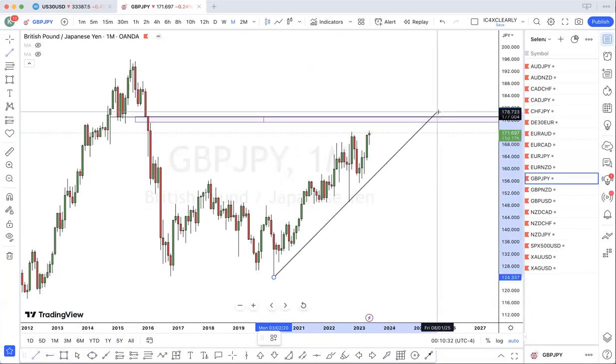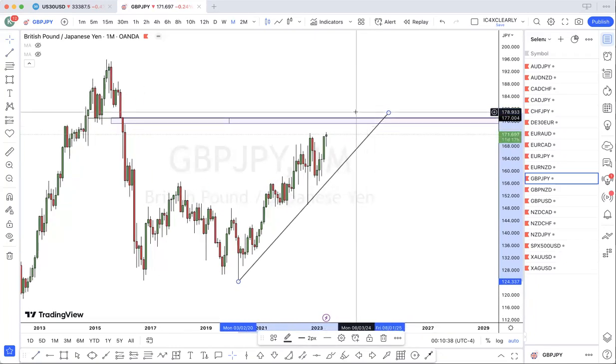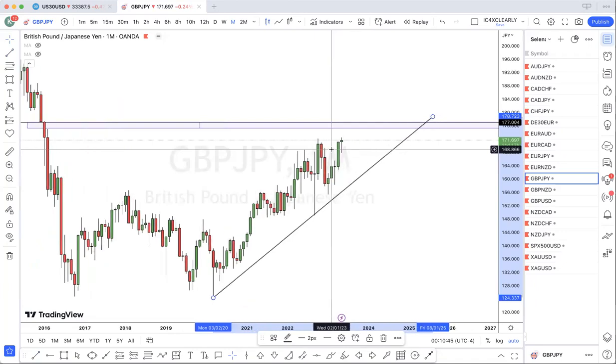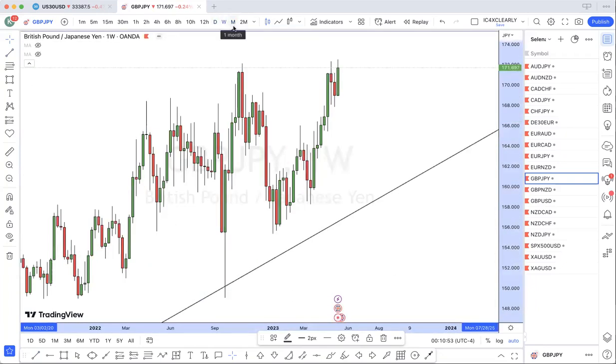Like I mentioned, it is long overdue time for a good sell on JPY. So right now, price, let's go to the daily. Let's go back to the weekly.